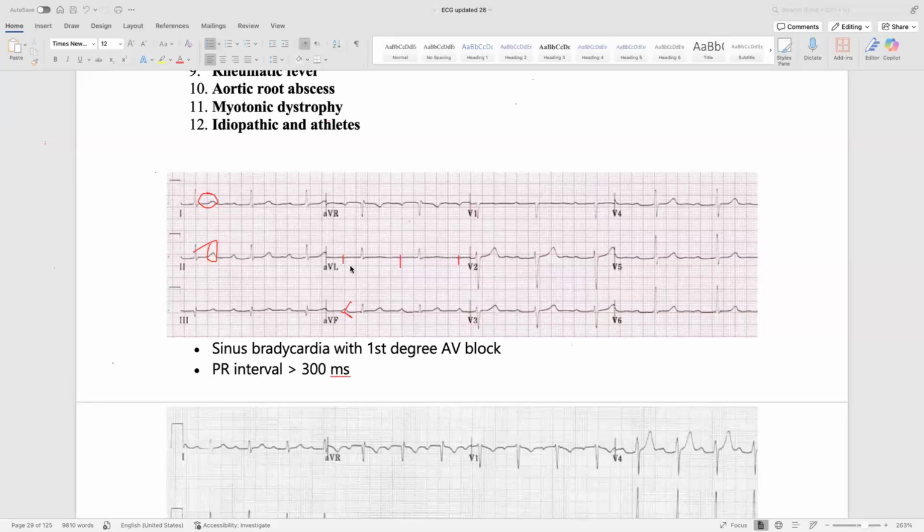Lead 3 is not good, and lead AVL is not good. So we are not looking at the P wave in AVL, nor in V1. There may be an isoelectric P wave, but that is a normal variant.